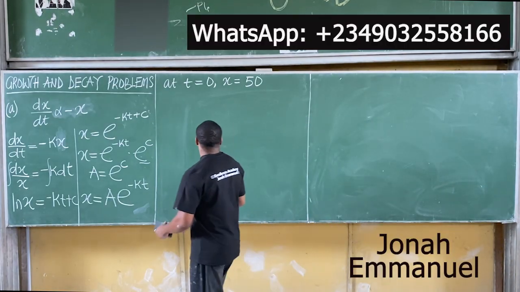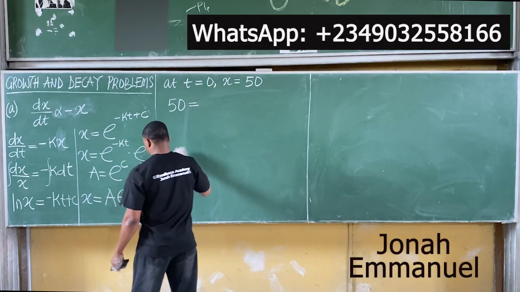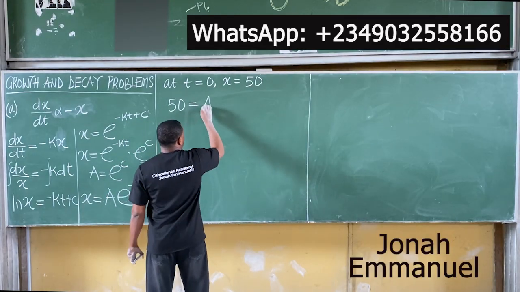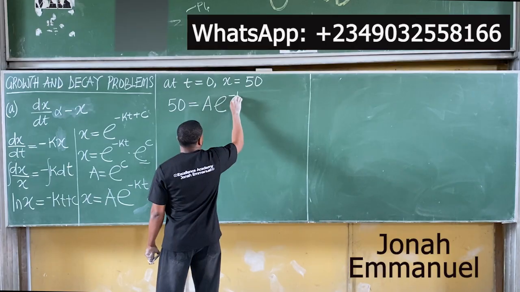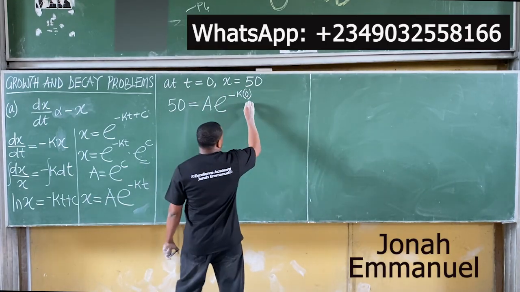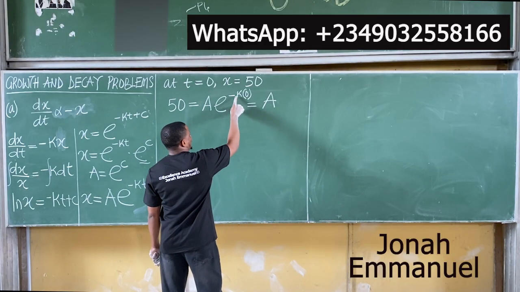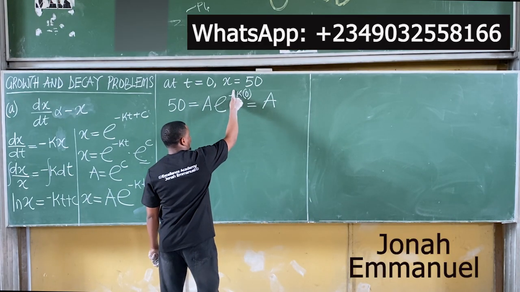What do you have there? 50 is equal to A exponential minus k times t. What's t there? 0. This is equal to A times exponential of minus k times 0, which is 0.